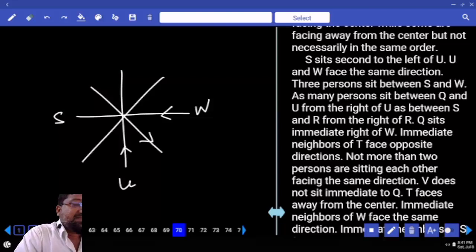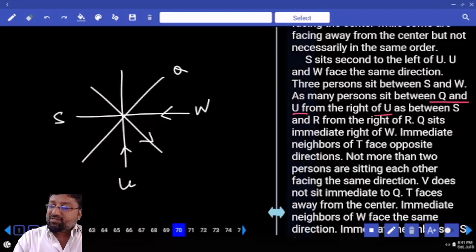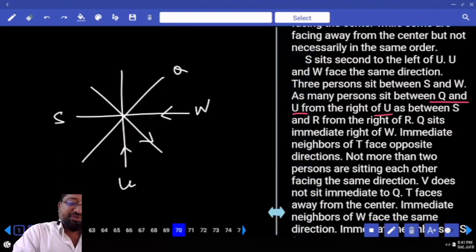Understood? Next is what? 3 persons sit between S and W. As many persons sit between Q and U from the right of U is same between S and R from the right of R. Q sits to the immediate right of W. Now he says Q and U from the right of U. How many persons?